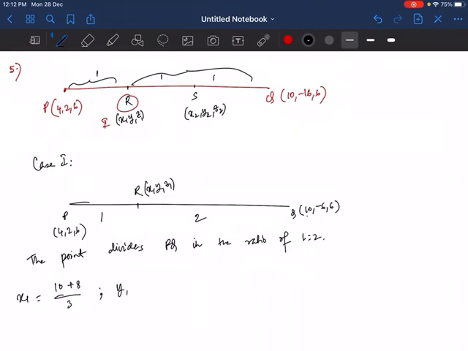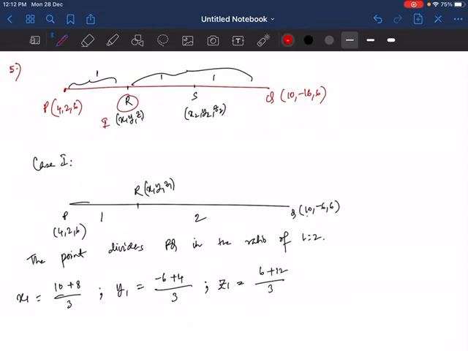And y1 will be (1 into minus 6, plus 2 into 2, that is 4) divided by 3. Then z1 will be (1 into 6, plus 12) divided by 3.